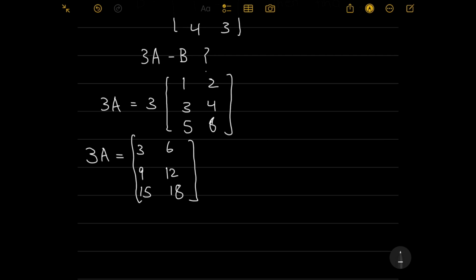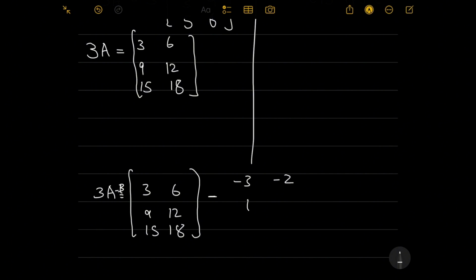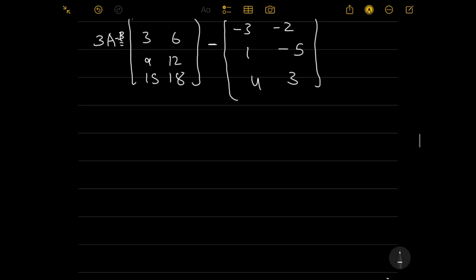Now we need to subtract matrix B from this 3A. So 3A minus B, sorry, is 3 6 9 12 15 and 18 minus 3 minus 2 1 minus 5 4 and 3. So this is the B matrix. We're simply gonna subtract it from this.